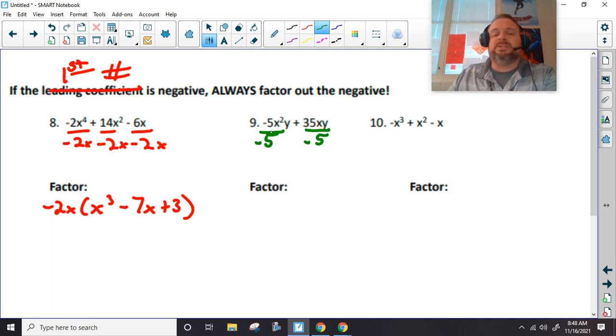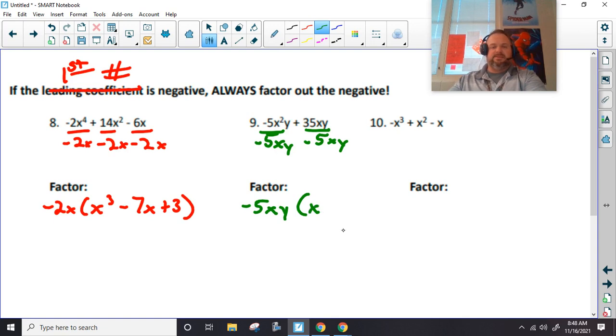No. What's the smallest power of x? What's the smallest power of y? Everything out of here would go to 1 except for this, and this becomes a -7.